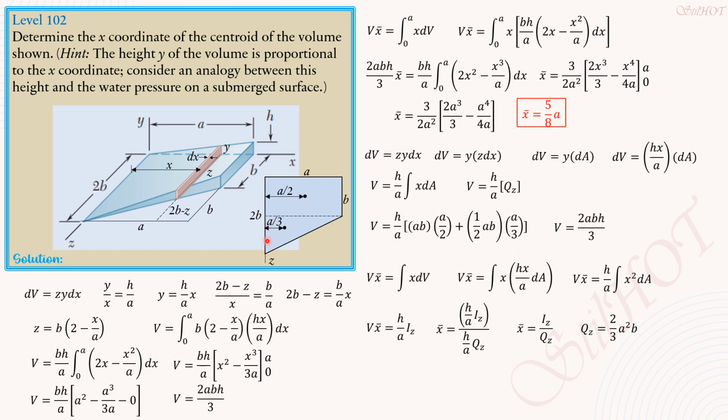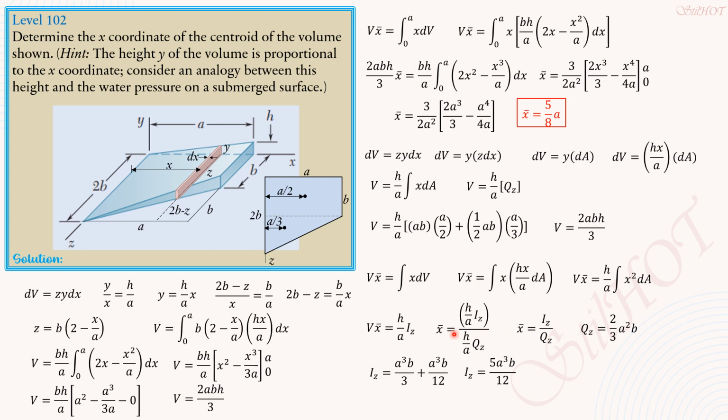Remember, that is the moment of inertia of a triangle with respect to the base. So Iz is b a cubed over 3 plus b a cubed over 12. Combining, that is equal to 5 a cubed b over 12.